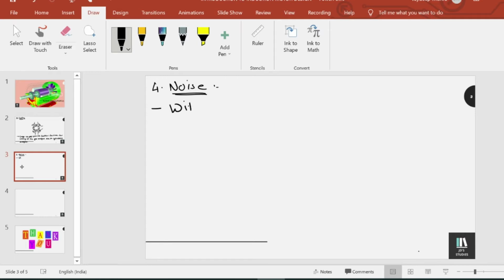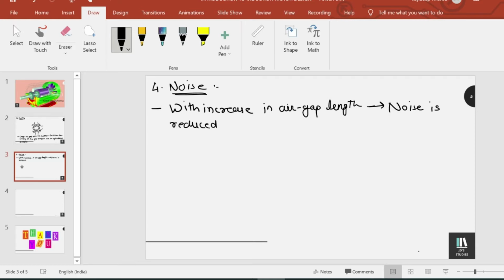With increase in air gap length, noise is reduced. Why is noise reduced?